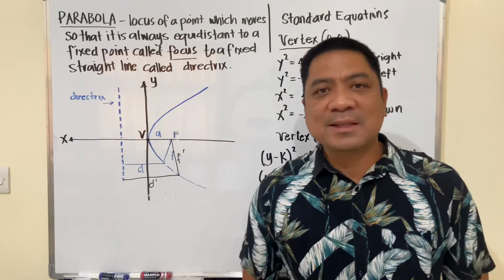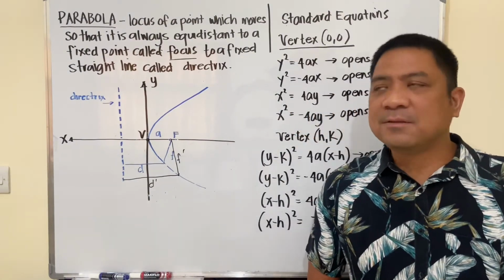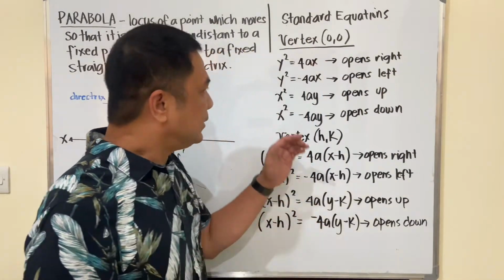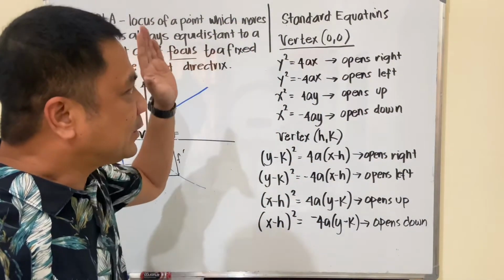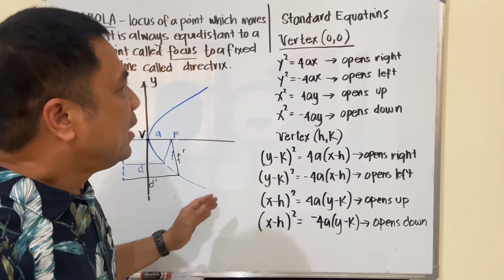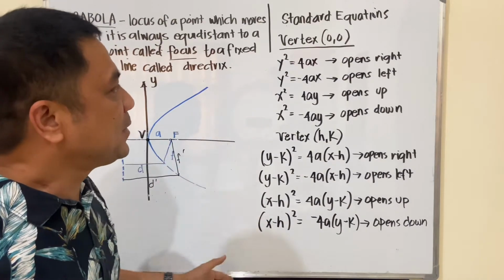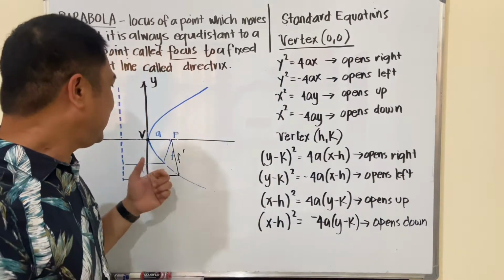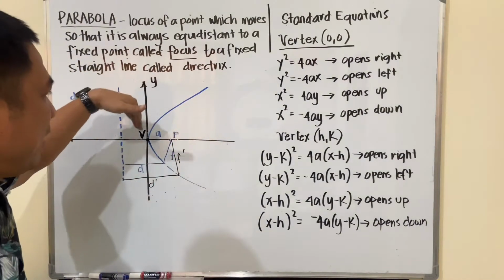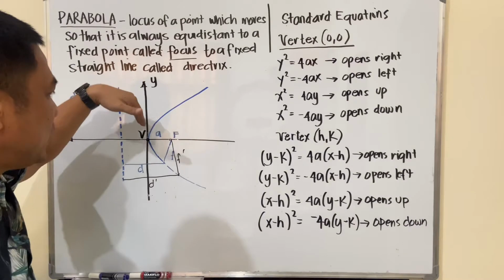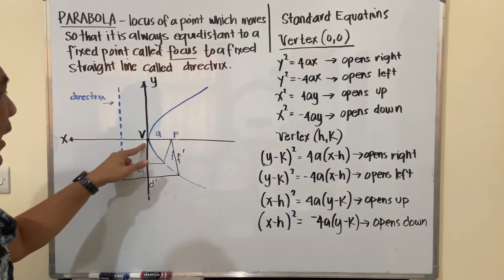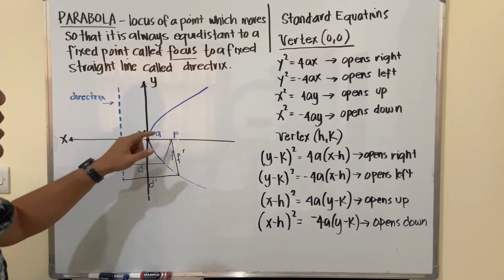So let's revisit the standard equations of our parabola. We will encounter all the equations of parabola in these forms. If the vertex is at (0, 0), what does it mean by vertex? It is the point wherein your curve starts to shift into another direction. In this case, our vertex is at the origin.